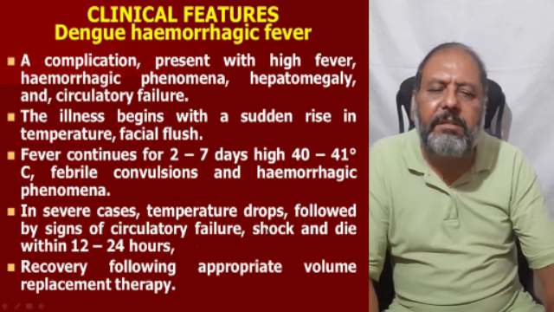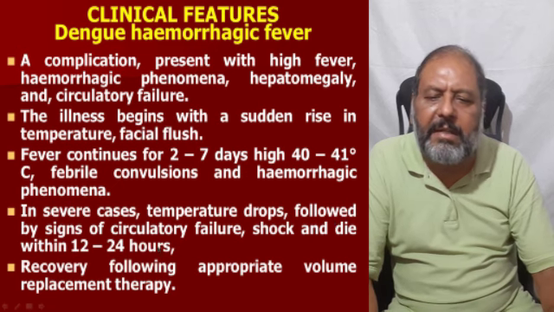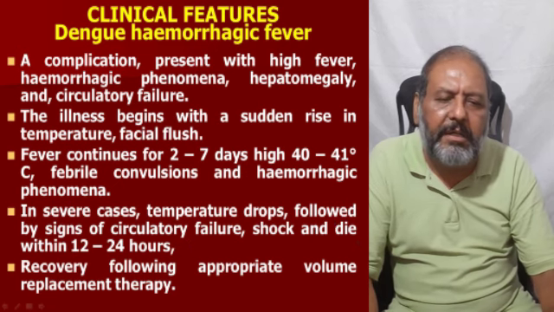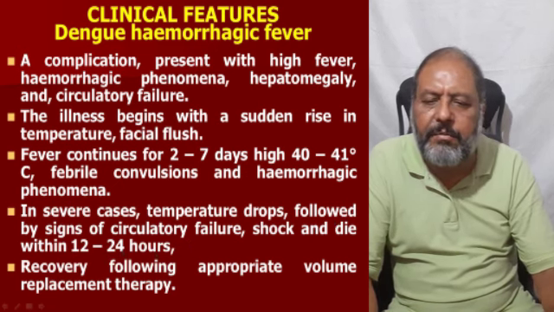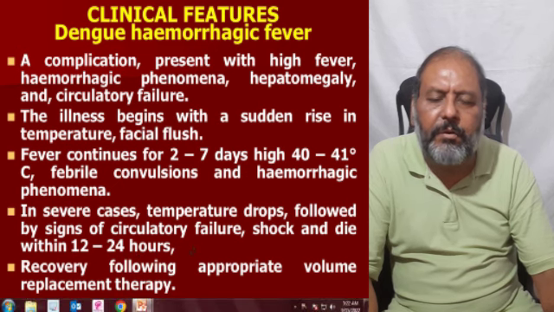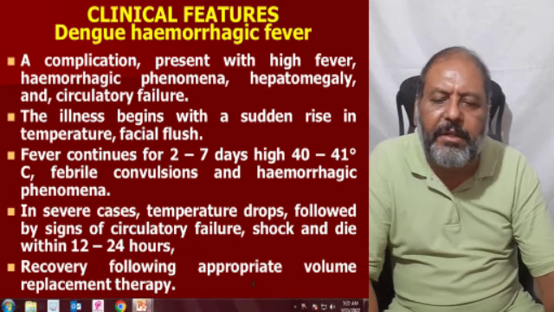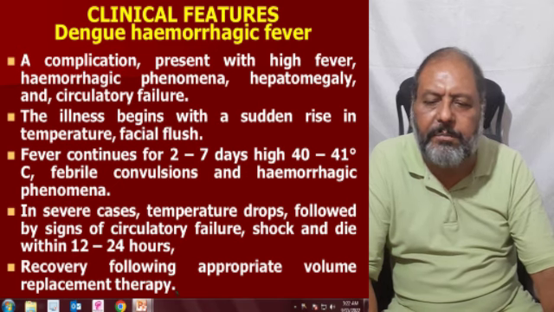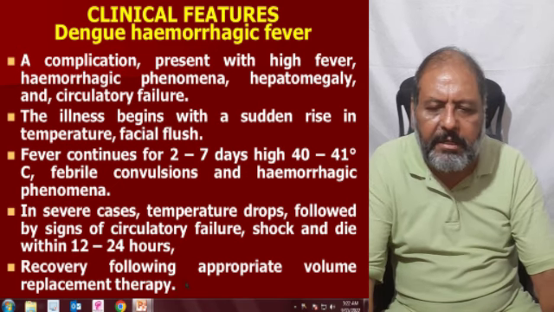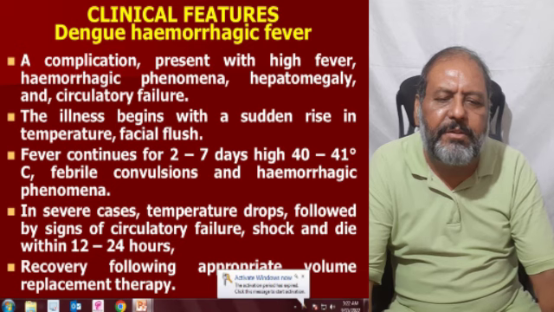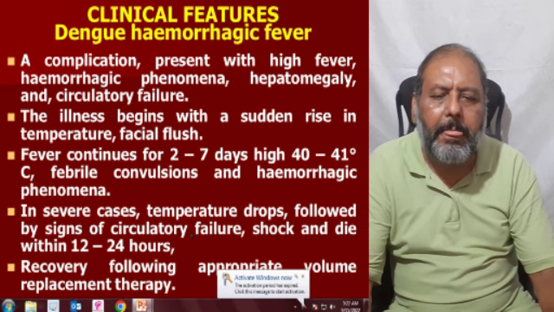In severe cases, temperature drops followed by the sign of circulatory failure, shock, and death within 12 to 24 hours. That is hemorrhagic shock syndrome. Recovery following appropriate volume replacement therapy is there, but one has to be very vigilant regarding this.